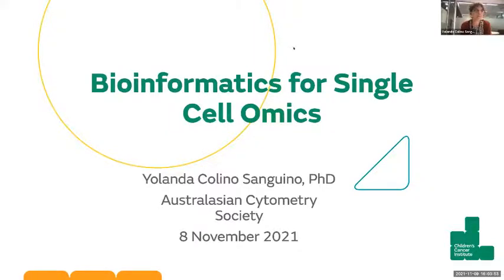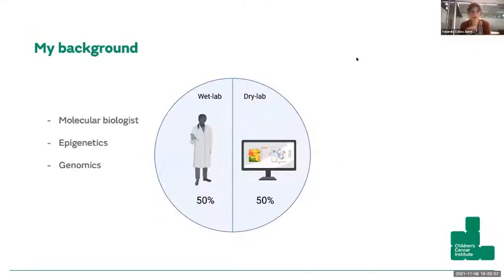I first wanted to give you a little background about myself and say that I am actually 50% wet lab, 50% dry lab. I do not have a computing science background. I am a biologist, and I did my PhD in molecular biology, which was focused on epigenetics and genomics, where I had to do a lot of next generation sequencing techniques.